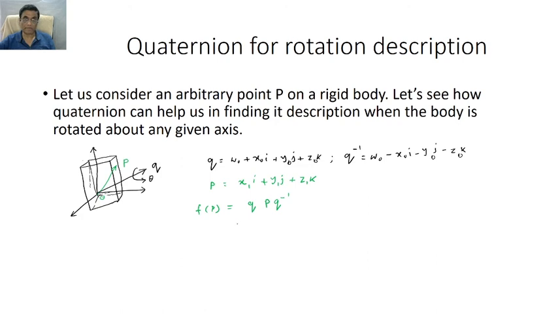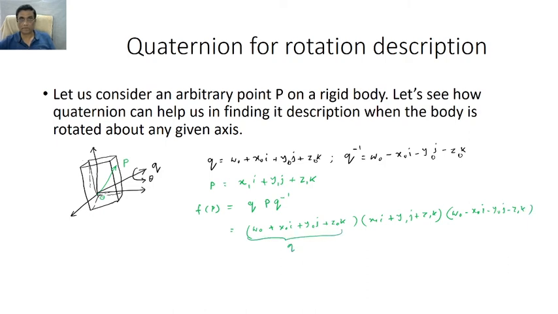And you get, so extremely simple for a programmer. A computer can do it very easily. Then x1 i plus y1 j plus z1 k, and x0 i minus y0 j minus z0 k.